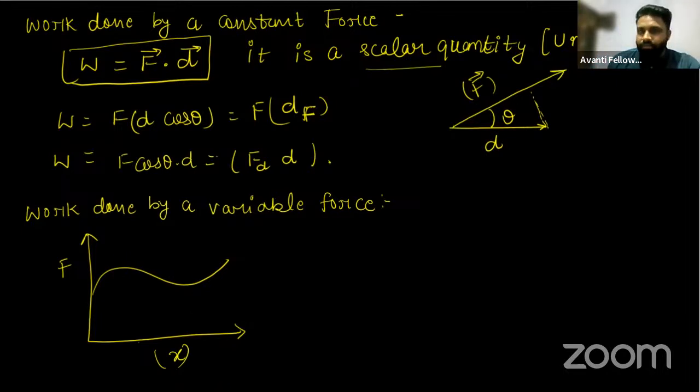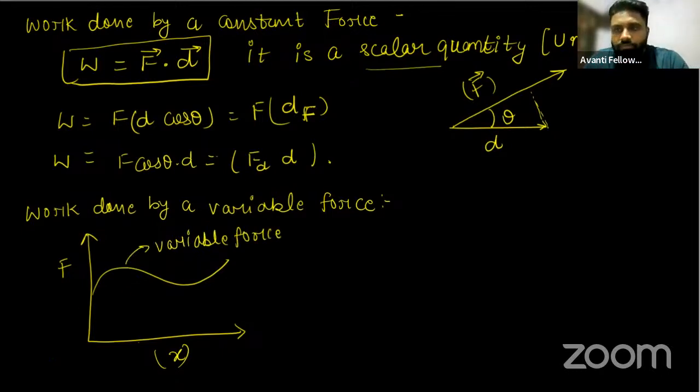So this is a variable force. Now, what we will do, we will consider a very small section of distance, which is dx. We will consider a strip here, whose length is dx.